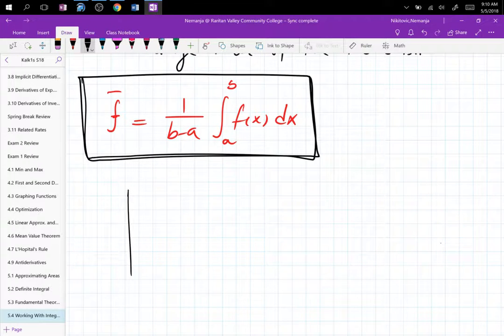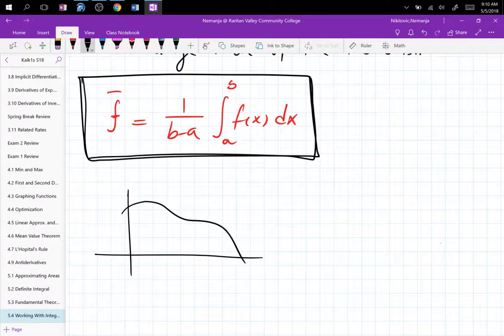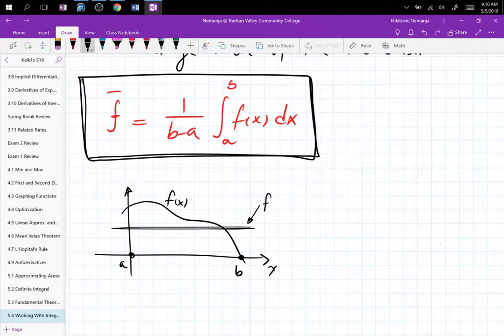So say you have something like that. Let's say this is a and this is b. Then the average value is going to be, let's say, somewhere there. So this is f of x, and this one over here is f bar.